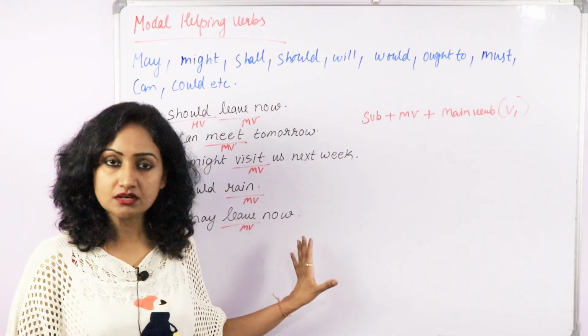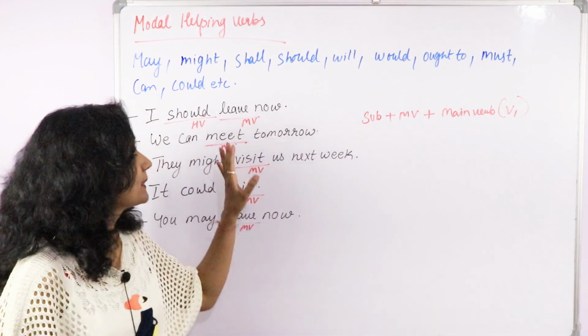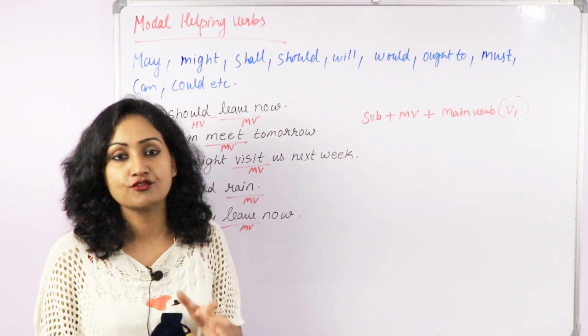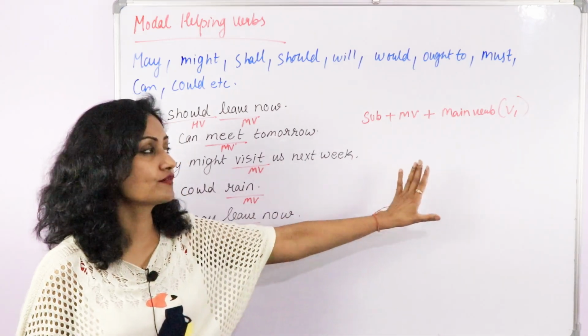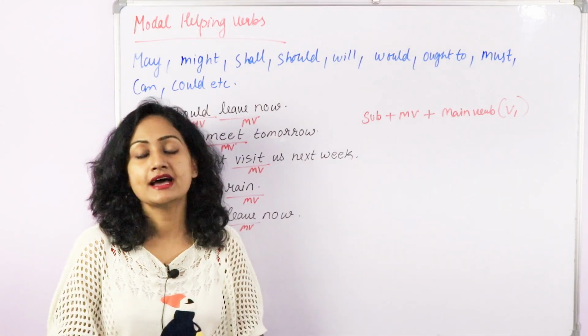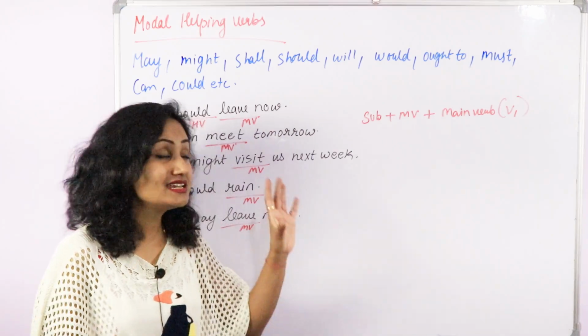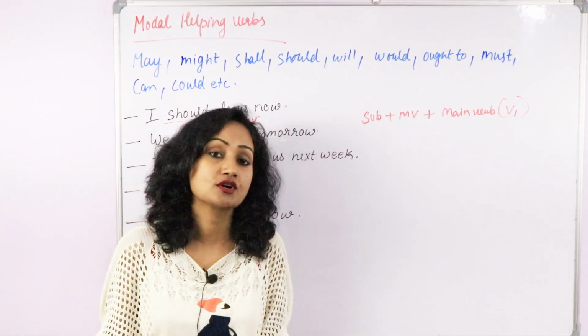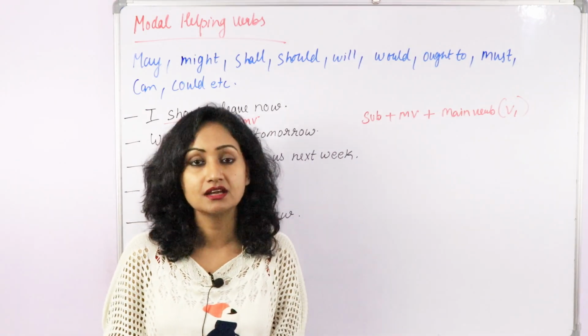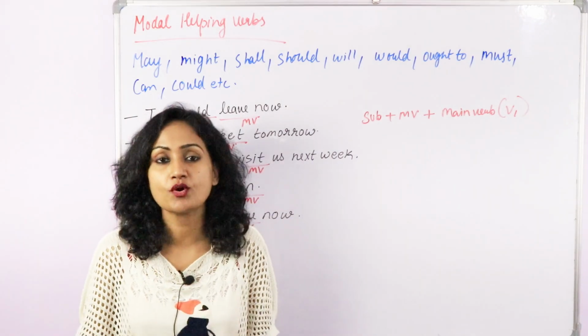Whether it's singular or plural, they will not change their forms, and they will always come with the first form of the main verb. I have made detailed videos on each and every modal verb. I will mention the link. You can watch them if you have not watched those videos yet. Modal verbs are equally important.